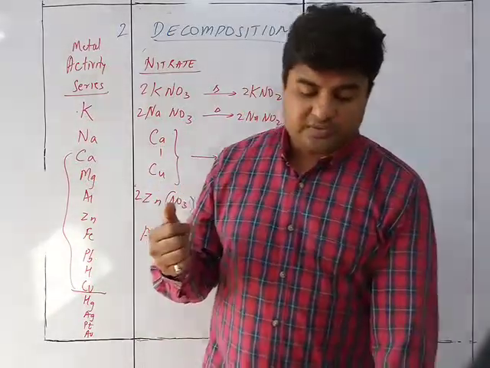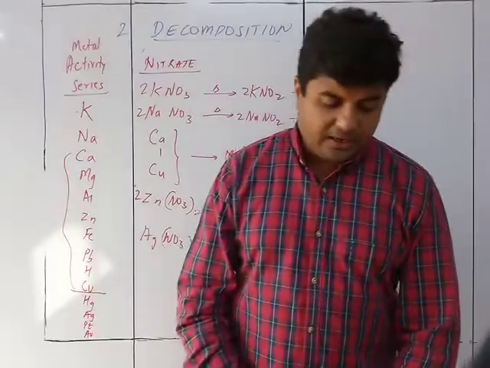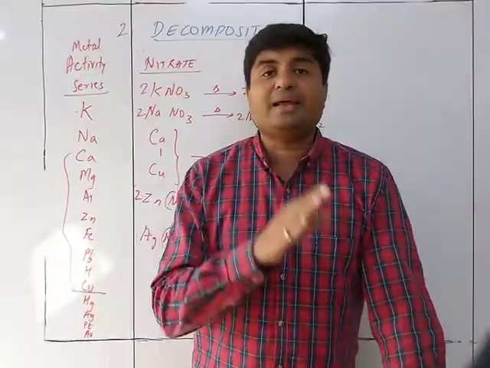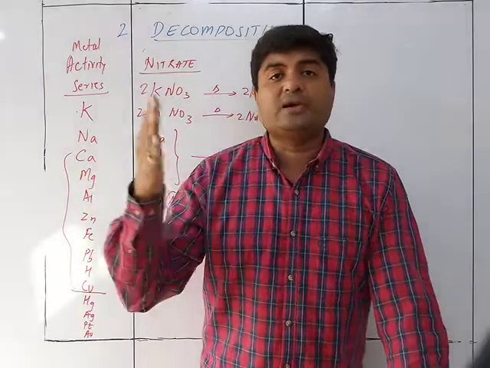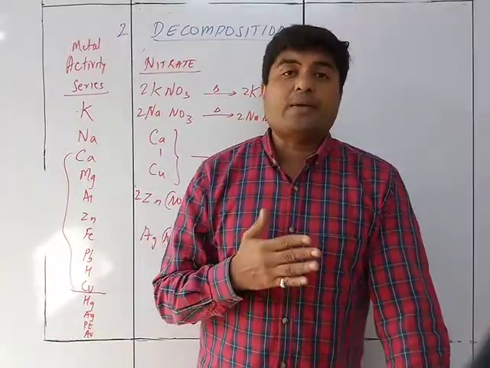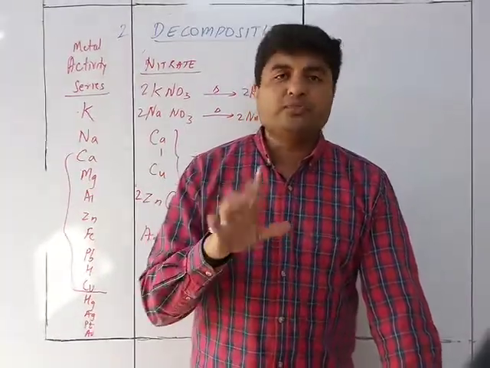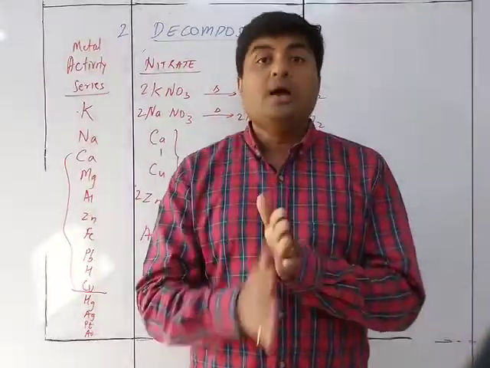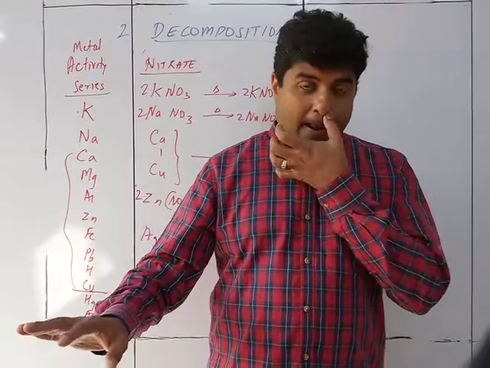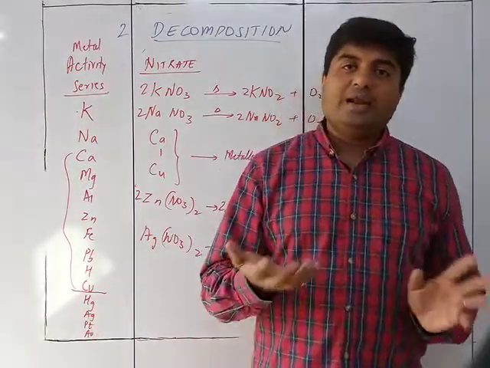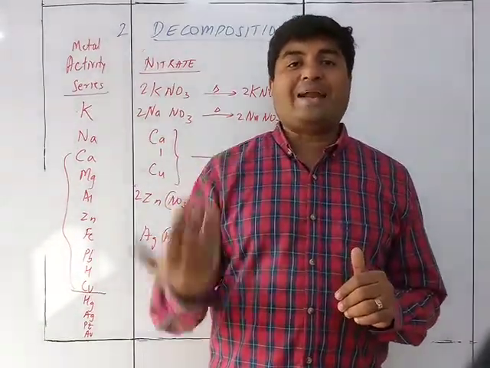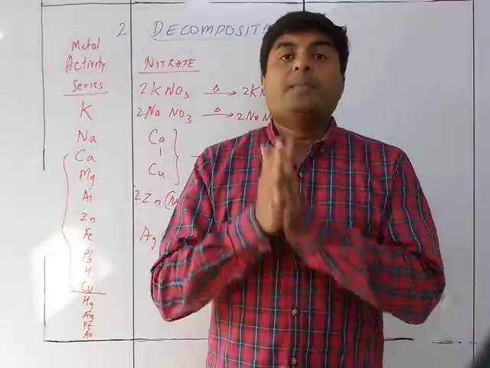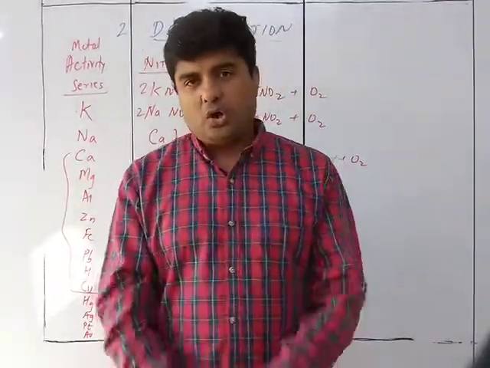Hydroxides of most of the substances except for K and Na are unstable, and when heated, a metallic hydroxide will give me metallic oxide plus water. Carbonates of potassium and sodium are stable, but all others are going to give me metallic oxide plus carbon dioxide. Whereas the nitrates are all unstable, so K and Na will give me a nitrite plus oxygen, while others will give me a metallic oxide plus nitrogen dioxide plus oxygen.